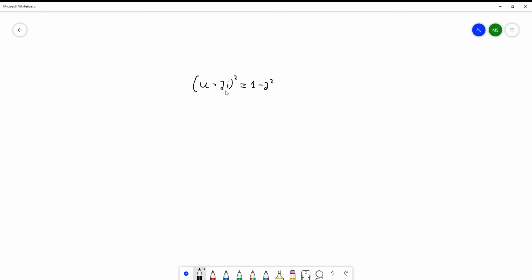Now we can take the square root on both sides. So u minus ai is plus or minus the square root of 1 minus a squared. Now u is ai plus or minus the square root of 1 minus a squared.